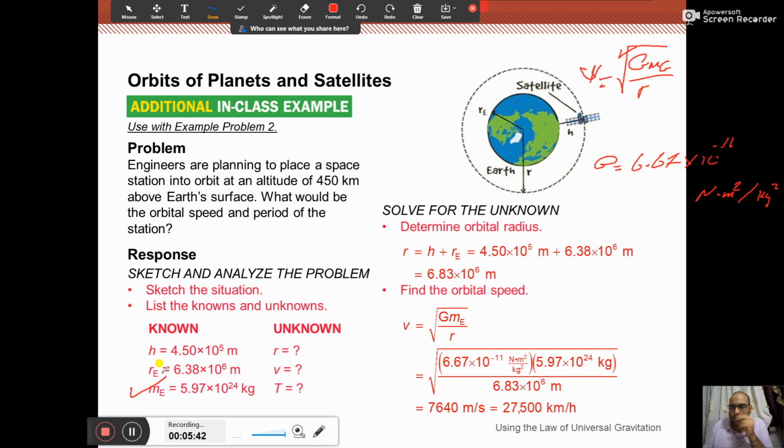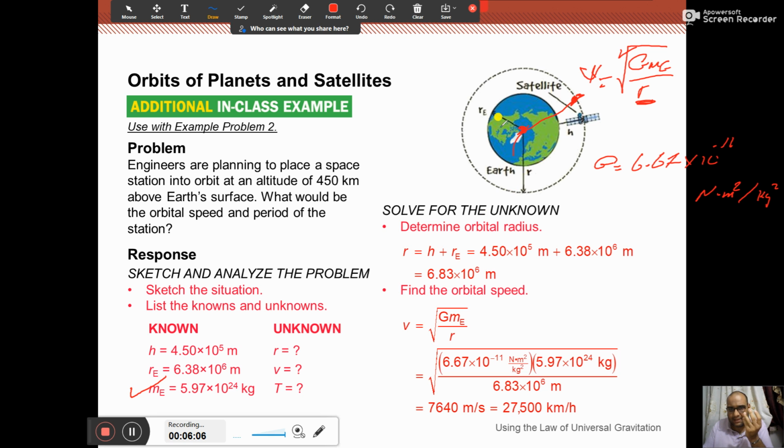No problem. What is R? R is the distance from the core of the Earth, the center of the massive object, to the line, the circumference of the orbital motion. So R now consists of two parts.